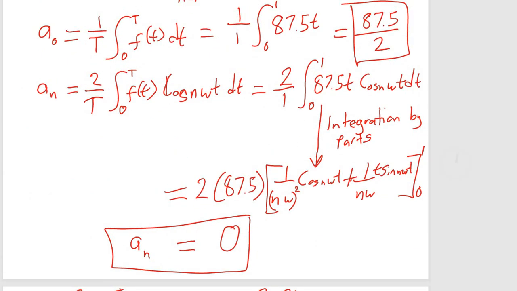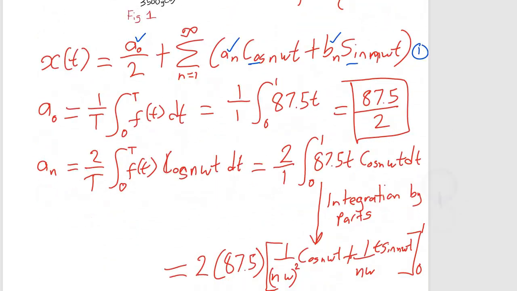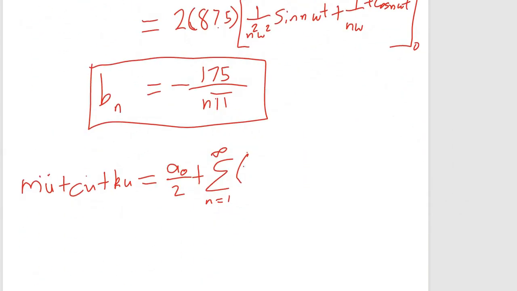If I recopy that general expression, it's an cos n omega t plus bn sine n omega t. So this is what we have done thus far, whereby we found what is a0, what is an, what is bn.